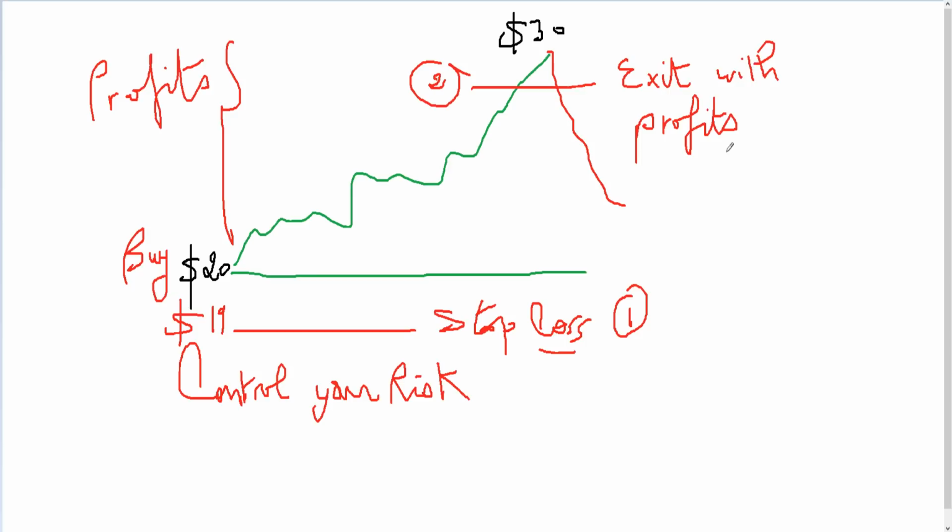Now what if the stock is just going up and down, up and down, up and down for a long time, and the price didn't go that good to make a good profit, and it didn't touch the stop loss, so you are not exiting.